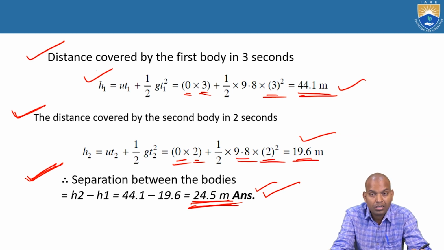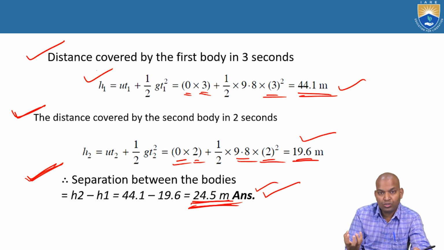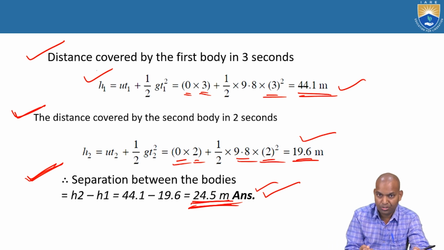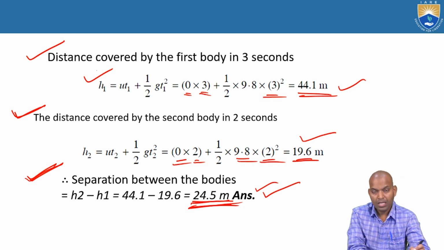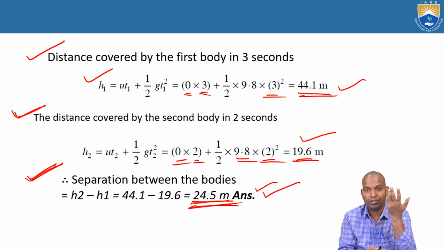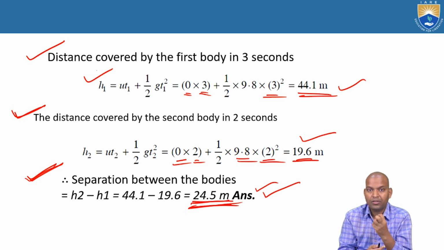The bodies are under the gravitational force. So gravitational force comes into the picture when bodies are thrown vertically upwards. When bodies move either upwards or downwards, the acceleration due to gravity, the factor g, is to be considered.